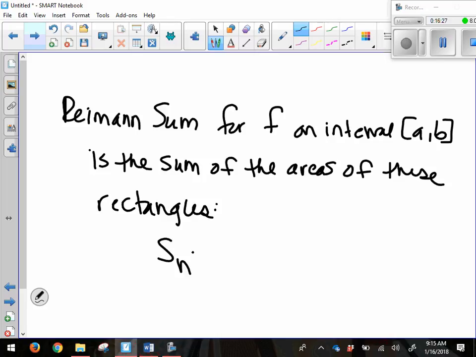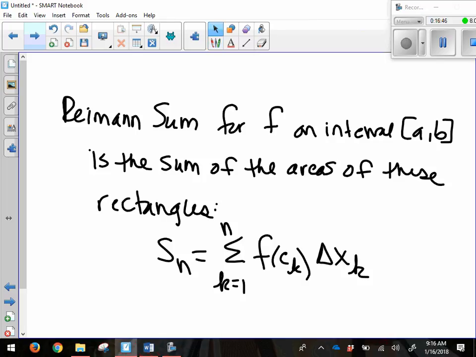So my Riemann sum, which is going to be Sn, is going to be my summation as I go from k equals 1 to n for however many subintervals I have. F of ck, remember that's the height of my rectangle, times the width of my rectangle, which is delta xk.